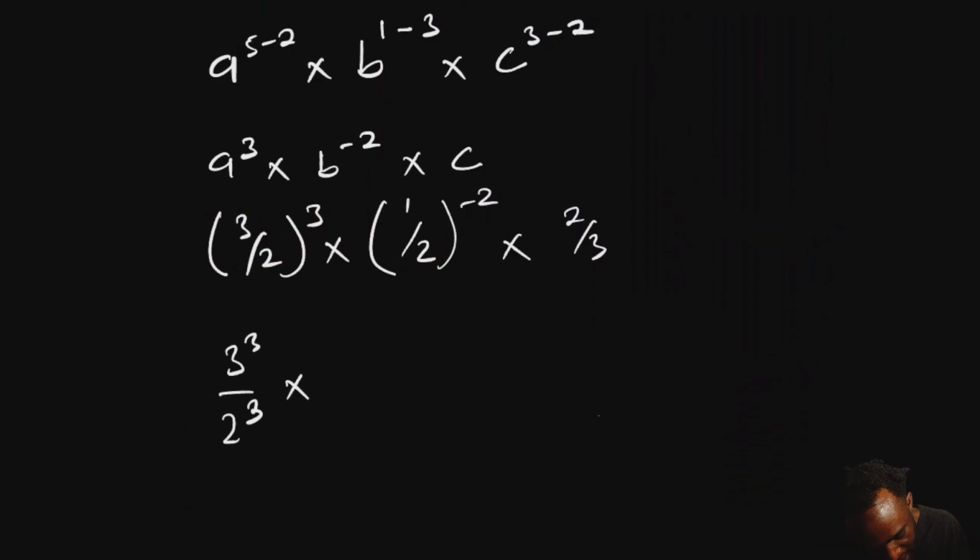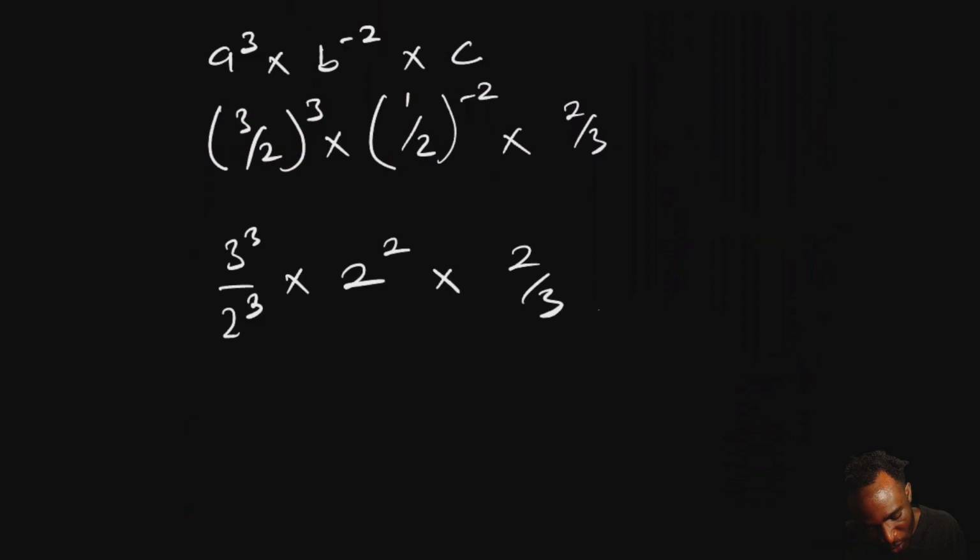We're going to write over here 2 raised to the power 2. We reciprocate it and then we make the index positive. So 2 raised to the power 2 times 2 over 3. This remains the same. So we're going to open this up, expand this, and write the answer for this.